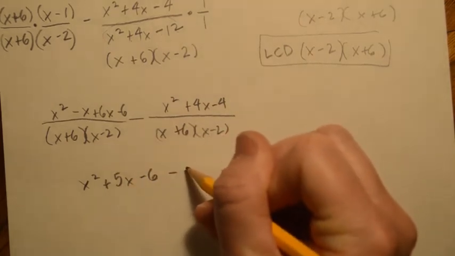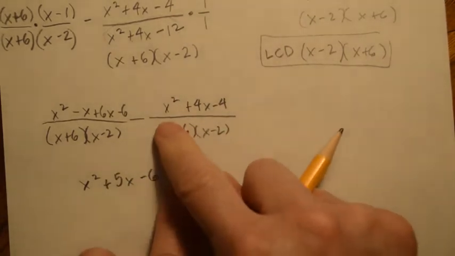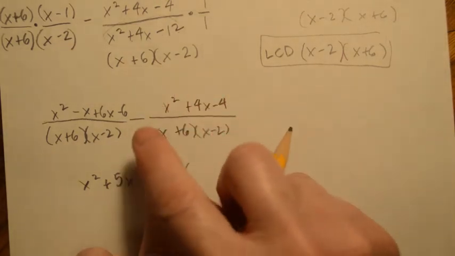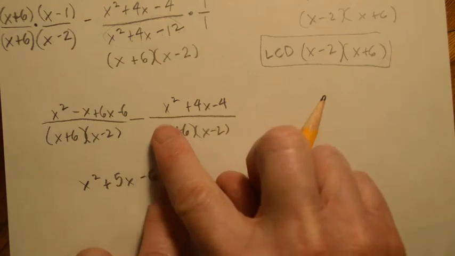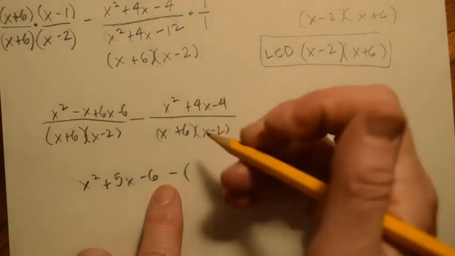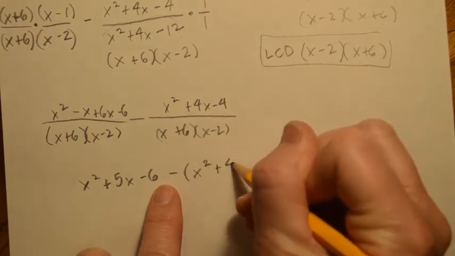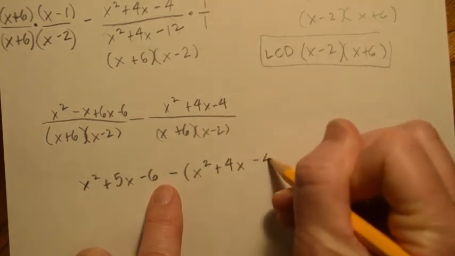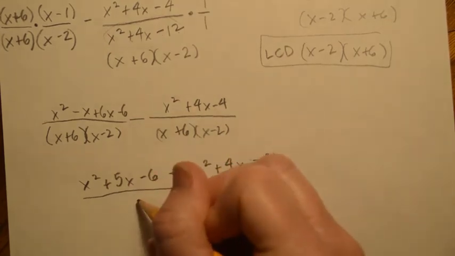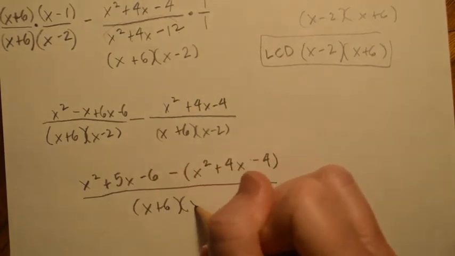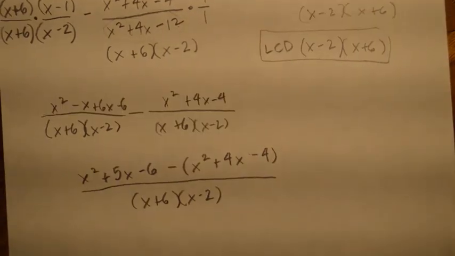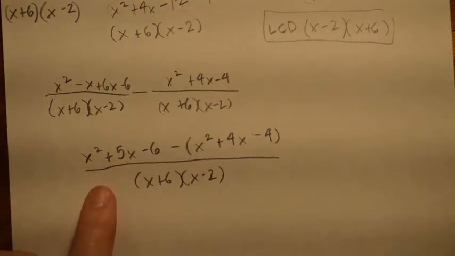I'm still not going to do anything with this one, but I am going to put this second numerator in parentheses because I need to subtract all of it, not just the x squared, but I need to do minus the x squared, minus the 4x, and minus the negative 4. So I'm going to do that in the next step. For right now, let me just write it like that. All right, let's go ahead and do that in the next step here.